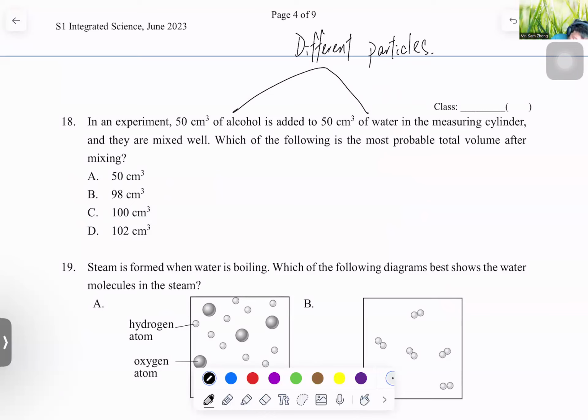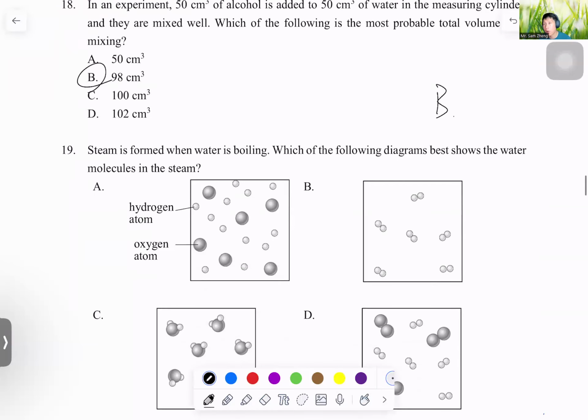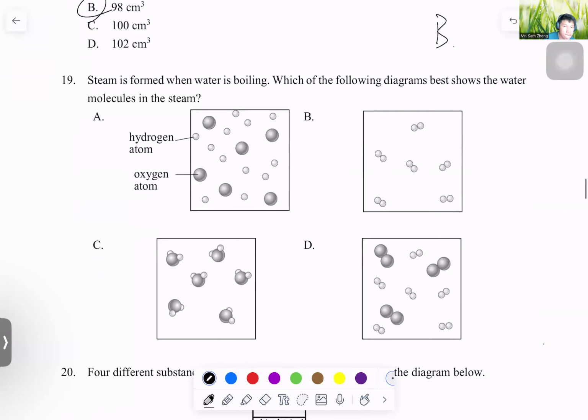Although both added up should be 100 cm cube, the overall volume should be less than 100 cm cube, but more than 50 cm cube. So therefore, the answer should be B, the most probable total volume after mixing.